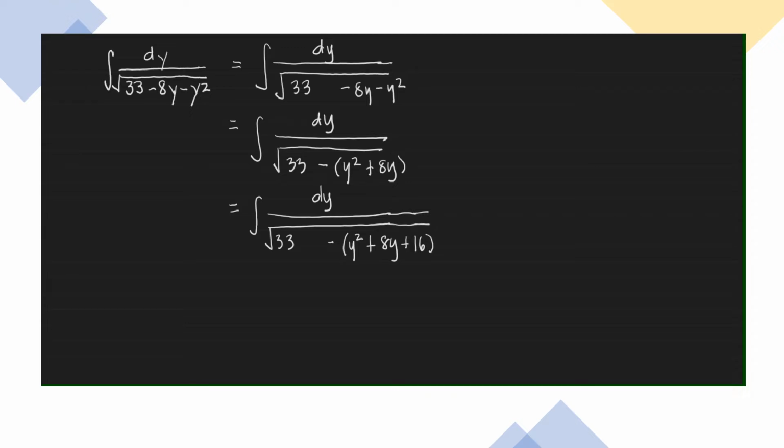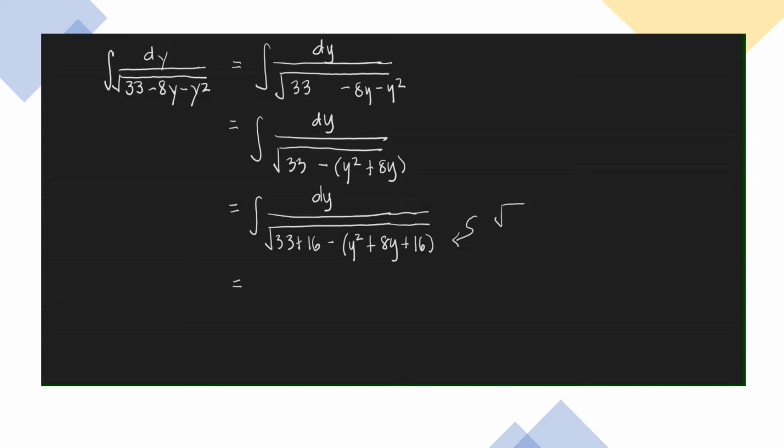However, since 16 is inside the parentheses and negative 1 is distributed to 16, technically what we're adding to the expression is negative 16. So in order for negative 16 to be cancelled out, we need to add positive 16 to 33. You have to take note that if you try checking if you were able to perform the completing the square correctly, you simplify the expression inside, and it has to be the same as the original expression.